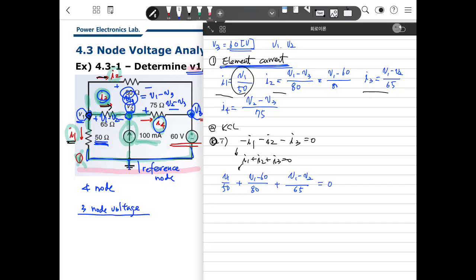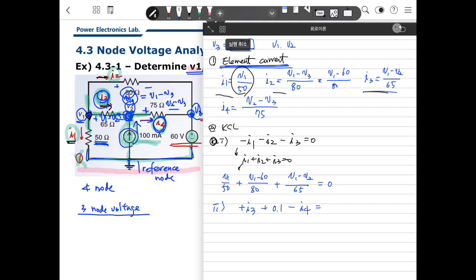So next is the second node here. I also make a KCL. This time I choose the positive direction as going into the node. So I3 is going into the node, so plus I3, and that current going into the node is plus 0.1, and I4 is going out from the node, so minus I4 equals 0. That is the KCL at node 2.